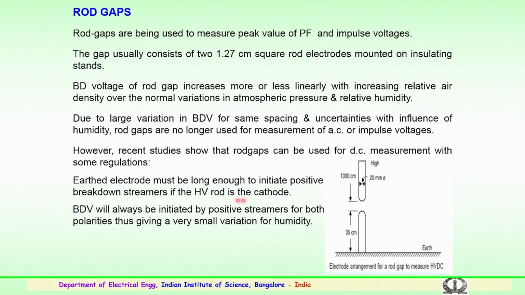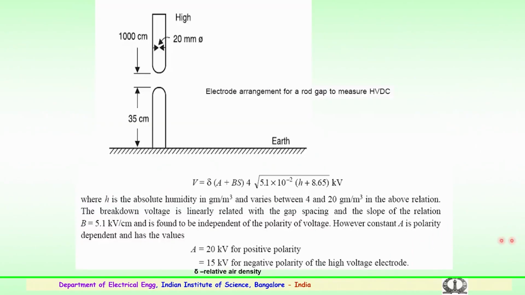Here one of the rods is connected to earth, and the earthed rod must be long enough to initiate the positive breakdown streamers if the high voltage is a cathode. So the breakdown will always be initiated by the positive streamers for both polarities, which gives a very small variation due to the humidity effect.